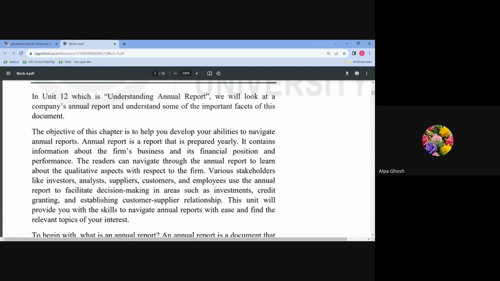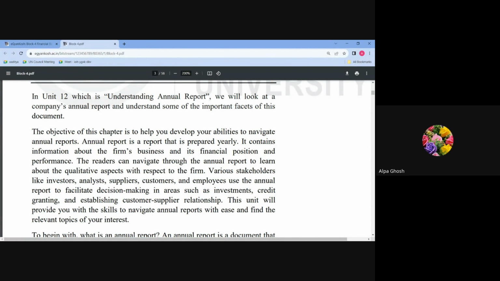They all use the published annual report for making decisions: investors for investment, analysts for research, suppliers to know whether they are going to get back their money or not, the credit system of the company, and customers, they want to know the customer supplier relationship, how effective it is.